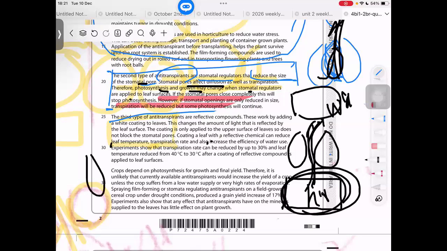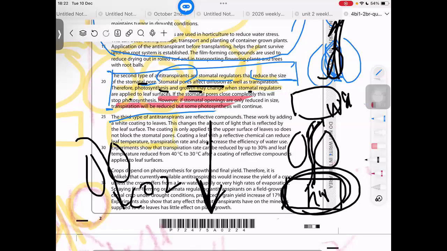Why? Because when the stomatal size reduces, only less carbon dioxide is taken in. We know that plants require carbon dioxide for photosynthesis. So if they take in less carbon dioxide, the rate of photosynthesis will decrease, right? Photosynthesis is the process where they make the required food for the plant, the chemical energy, right? Therefore, if photosynthesis reduces, the plant growth will also eventually be affected.